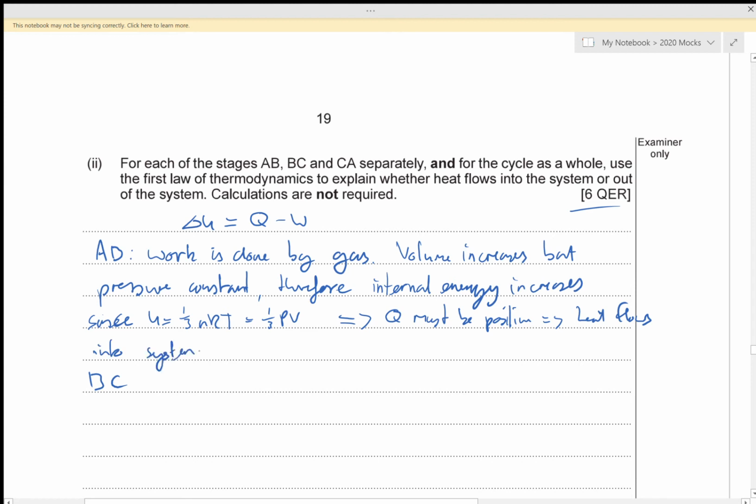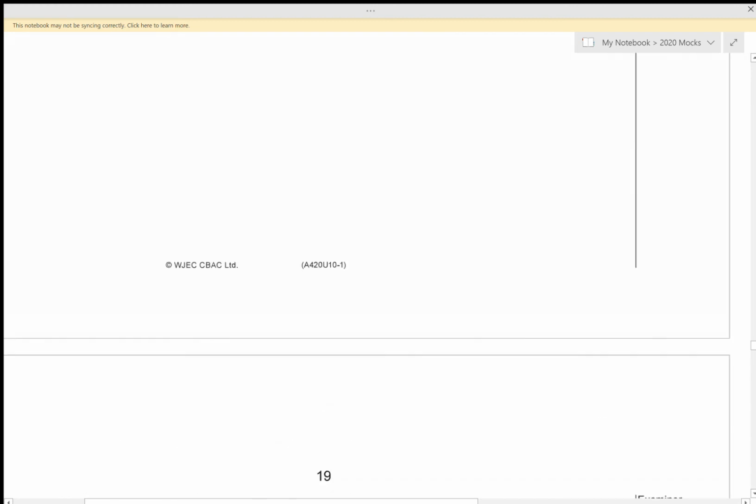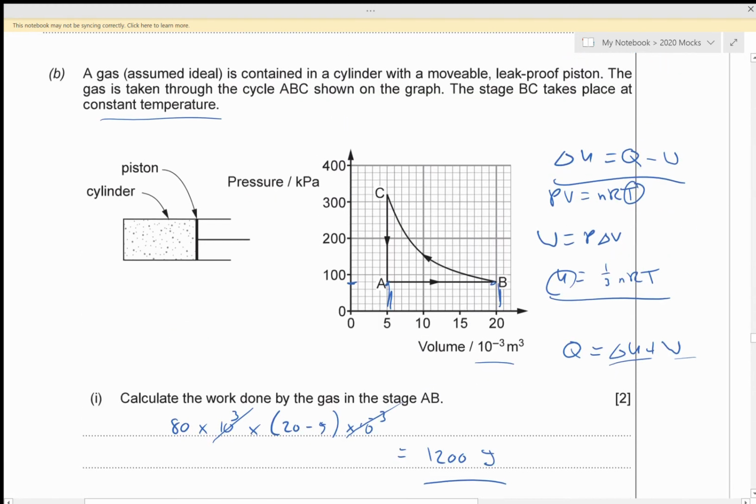Okay, next, BC. So BC, we're told BC takes place at a constant temperature. This equation tells us that if BC is taking place at a constant temperature, the internal energy remains constant. So what else is there to think about?